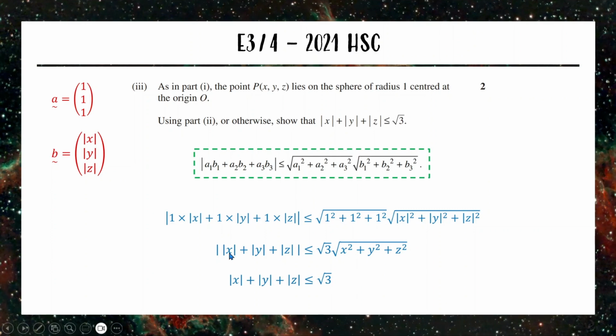When you're doing the absolute value of a bunch of positive things plussing together, you don't really need it. If you have like 2 plus 3 plus 5 absolute value, the absolute value is doing nothing to your answer. So because on the left-hand side everything inside the absolute value is positive and plussing, it's not changing your answer anyway, so we can just get rid of the outer absolute values, and that's how we fudge our way to 2 marks to explain why X, Y, and Z magnitudes plus together are less than or equal to root 3.